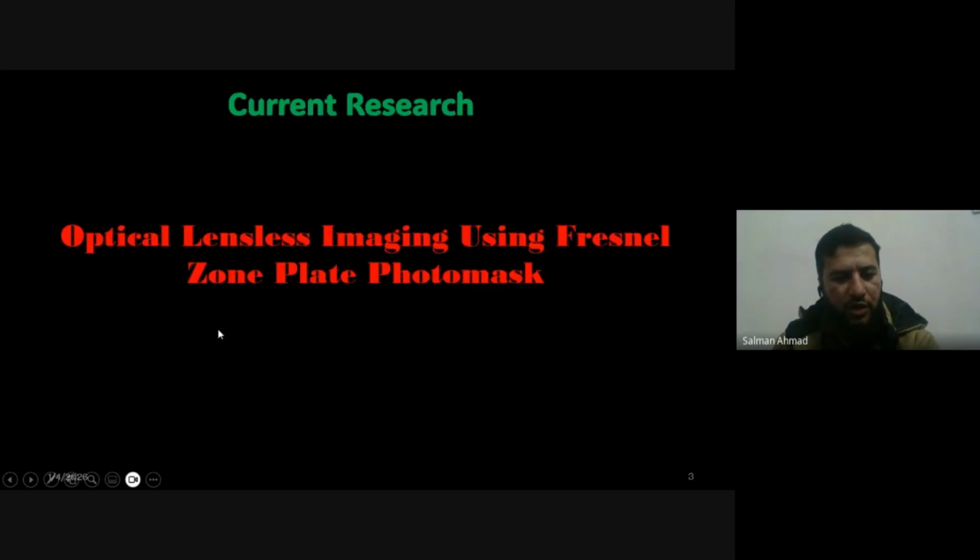My whole research actually focused on optical lensless imaging, where I used the Fresnel zone plate as a photo mask, and we used lensless techniques and different codes for that purpose.